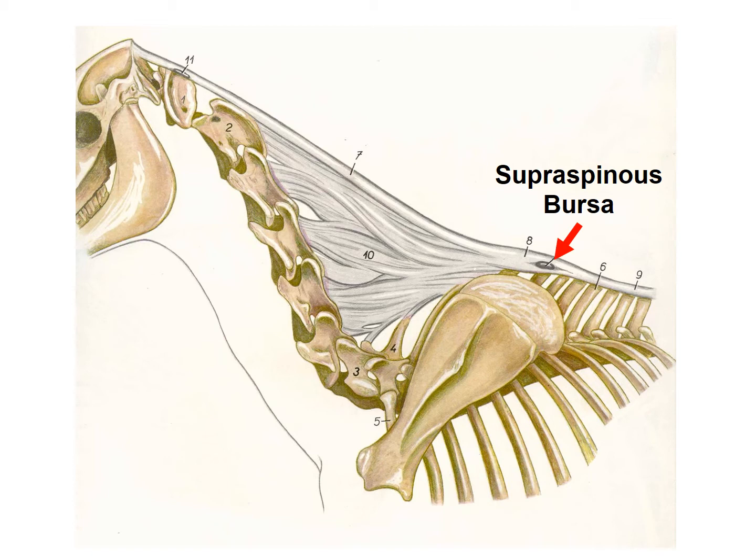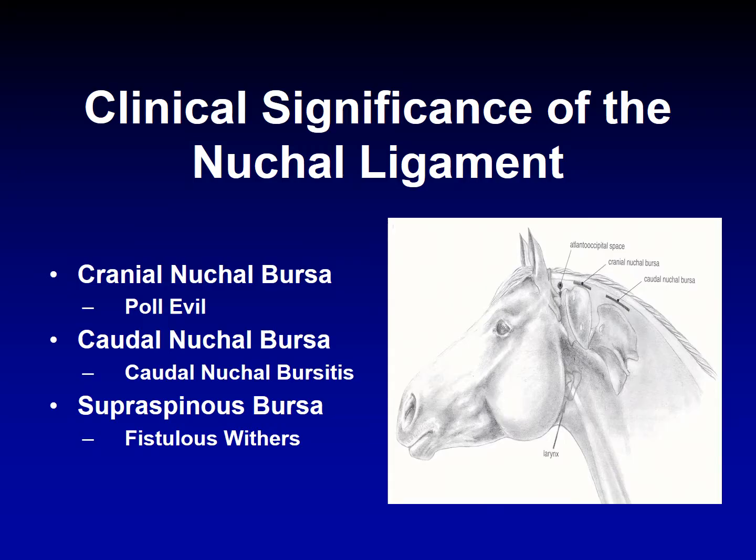Now, we want to know what the diseases associated with these bursas are. We have three diseases that are associated with the three nuchal bursas: cranial, caudal, and supraspinous.